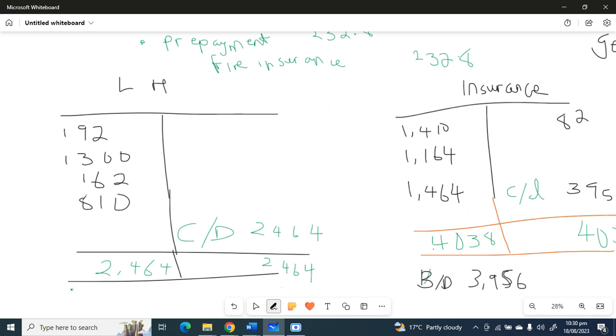Balance brought down, 2,464. And that is all that you needed to do.